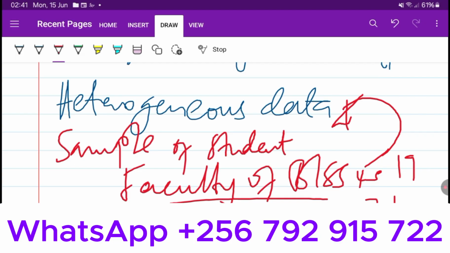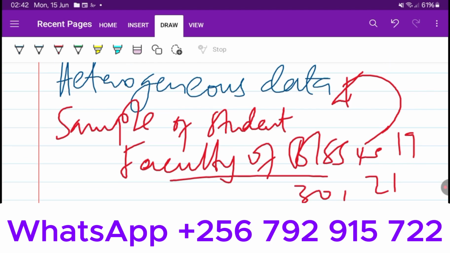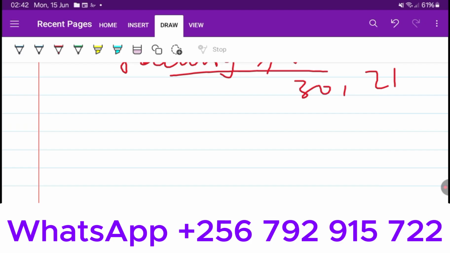So for heterogeneous data, if I'm interested in collecting information about a certain tribe from a given community, I think it would be a very nice example to elaborate the heterogeneous data that I'm talking about.